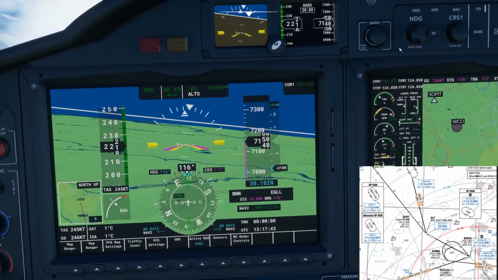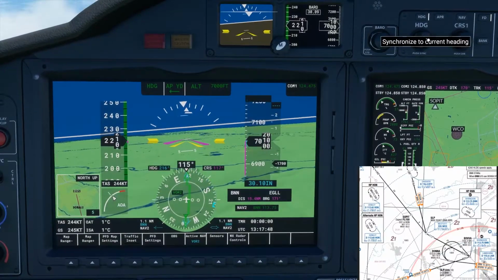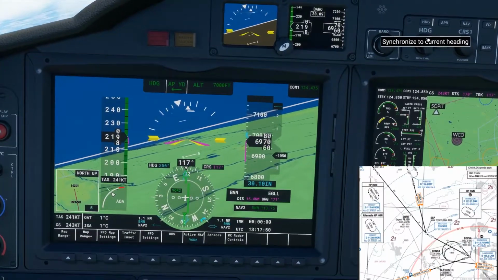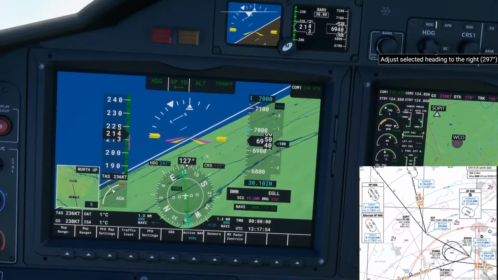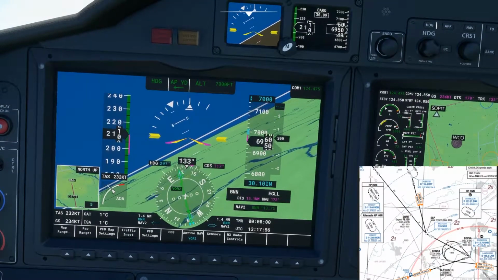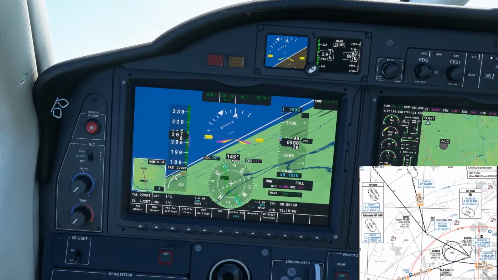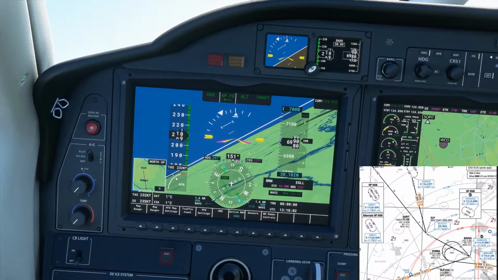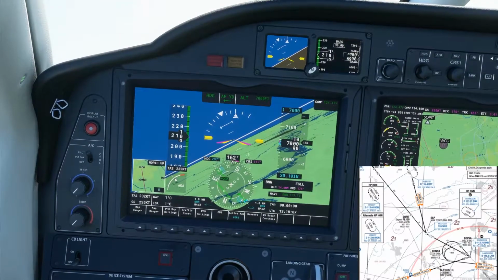And that's that. So we're going to go heading select. We're going to turn right onto the heading of 297. Going to bring our power up. 210 knots will do quite nicely.